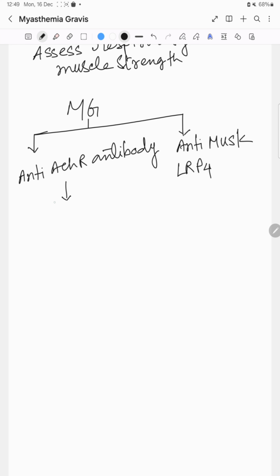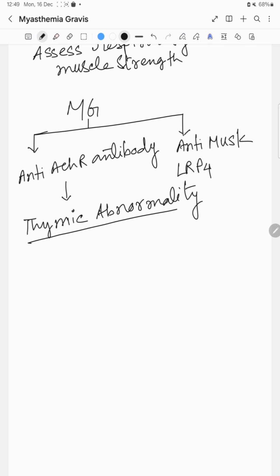For this, we can see patients with thymic abnormality, but we do not see this thymic abnormality in the case of anti-MuSK or anti-LRP4 mediated disease. So we cannot do thymectomy in these two cases. We only perform thymectomy for anti-acetylcholine receptor antibody mediated myasthenia gravis.